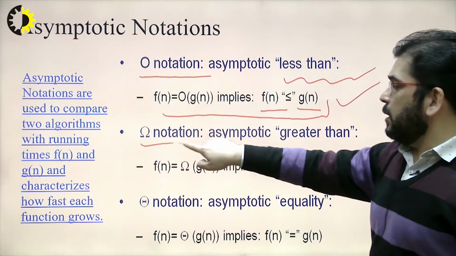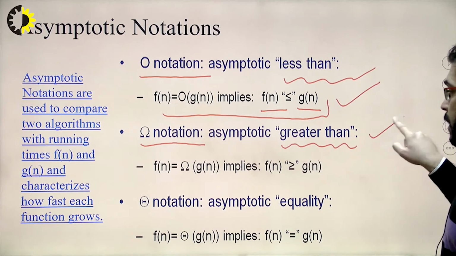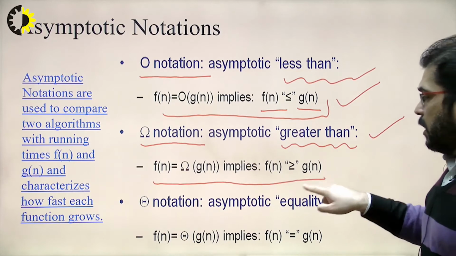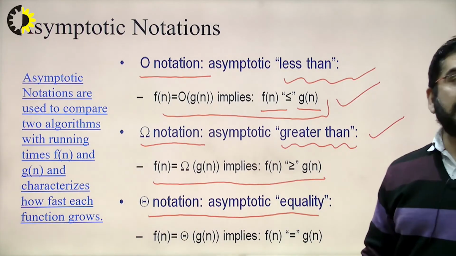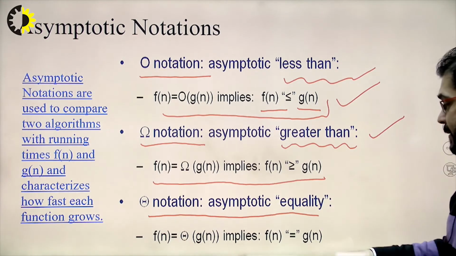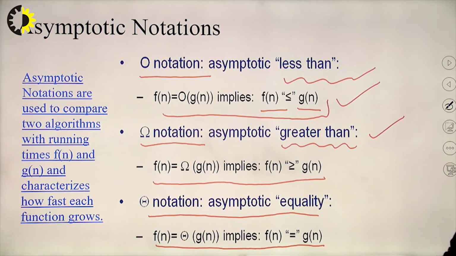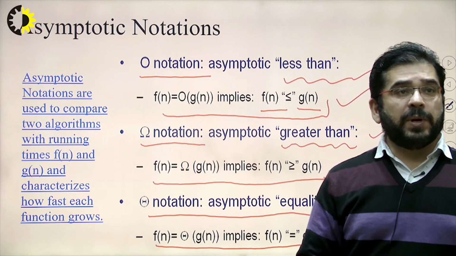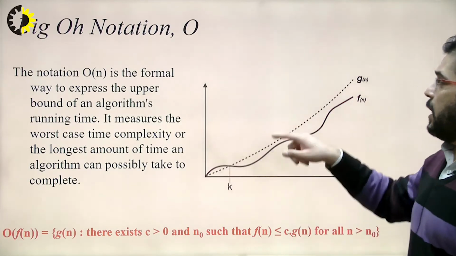Similarly, second is the omega notation, which asymptotically tells about greater than parameter, and this is the equation for omega notation. Third one is the theta notation, which asymptotically tells about the equality between different functions f(n) and g(n). It is implied with this particular equation. So these mathematical equations are termed as the asymptotic notations, which can be used to measure the time complexity parameter of an algorithm. It can be represented with the help of this graph.